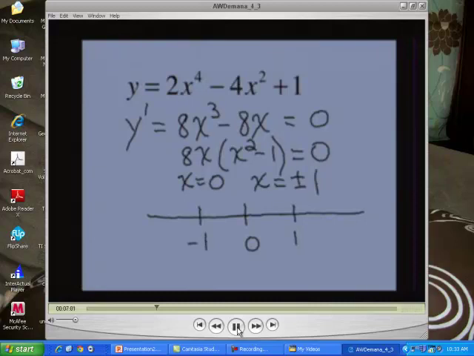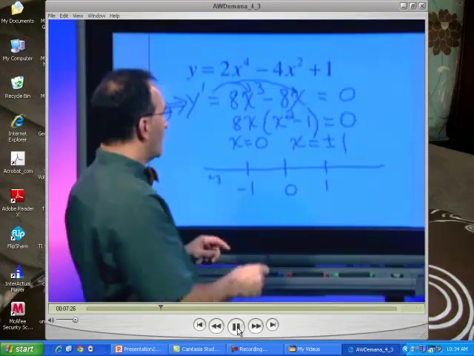What we're interested in is the value of the first derivative at these points. Here we could take some arbitrary point, like for instance negative 3, plug it in, and then evaluate it. However, I'm going to show you something that mathematicians do a lot.